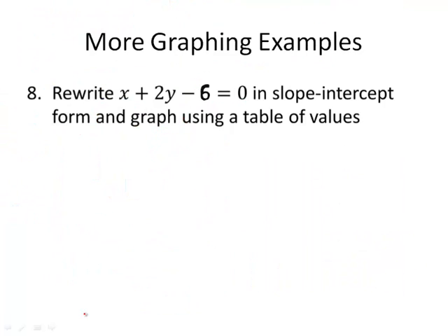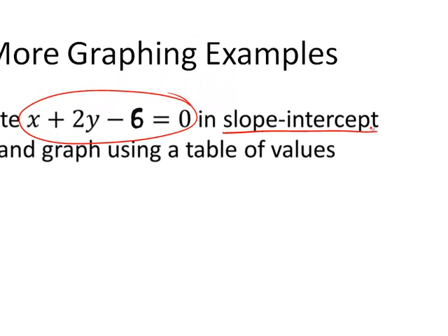Here's another example. Here we have something written in general form, and they want us to write it in slope-intercept form. Notice again that this could have been written as x plus 2y equals 6 as well. I'll consider both as general form because the main idea is that the x and y are on the left-hand side.